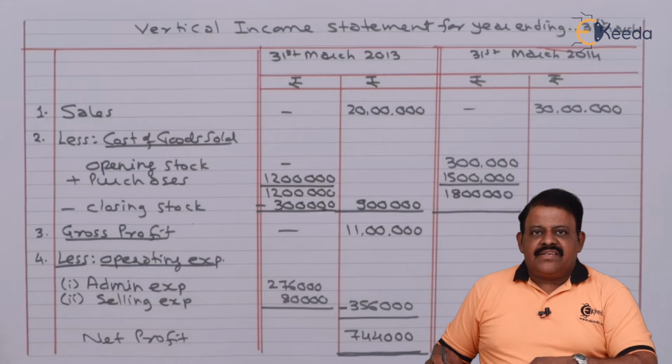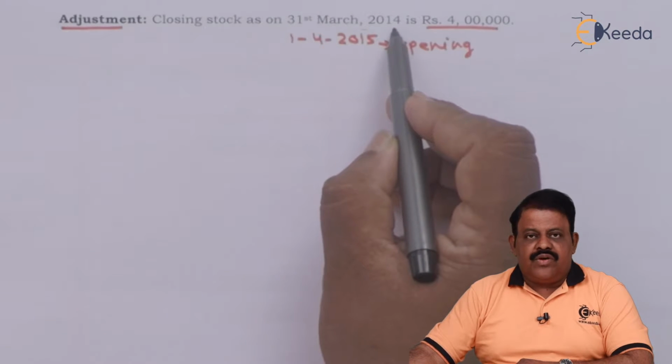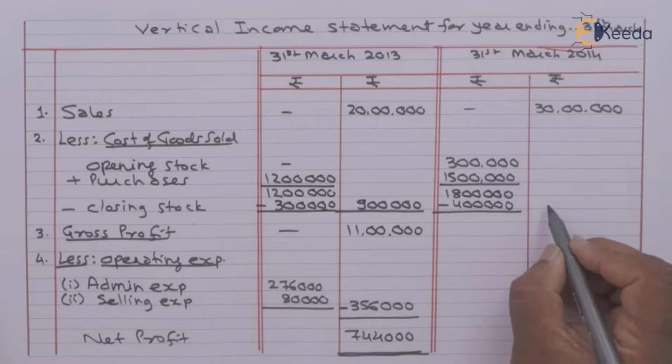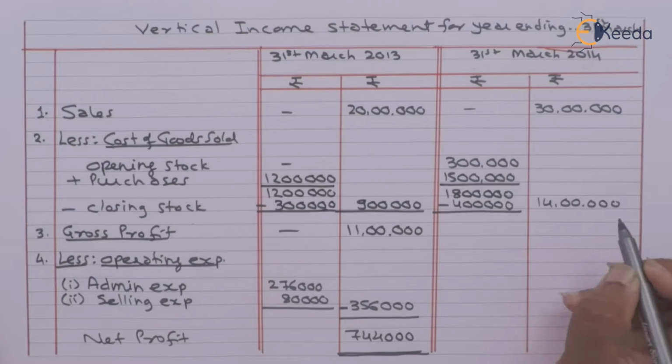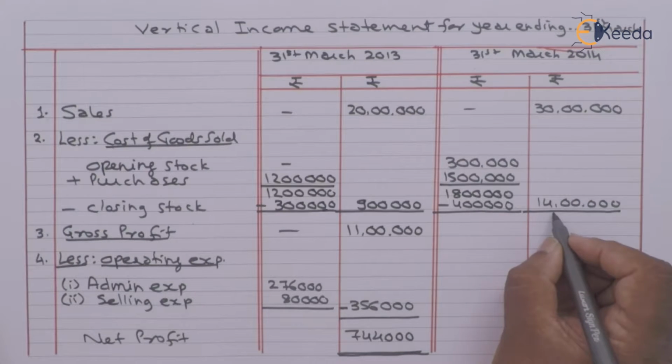It is 18 lakhs. Less closing stock as on 31st March 2014, it is given 4 lakhs. 18 lakh minus 4 lakhs. Cost of goods sold 14 lakhs.